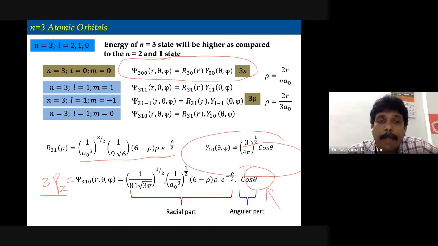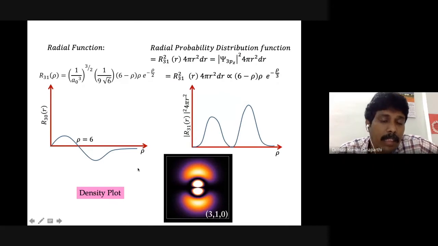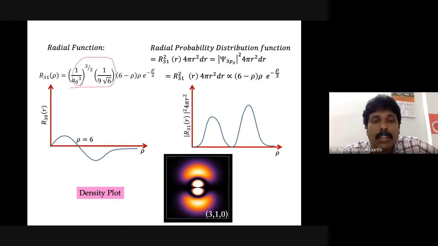Well, the radial function of a 3p orbital is plotted here, so you can easily guess the nature of the function. Nothing new in this. Forget about the constant, and look only at the function of rho or r. Rho is directly proportional to r, 2r by n a naught.